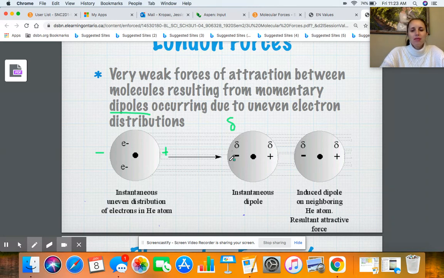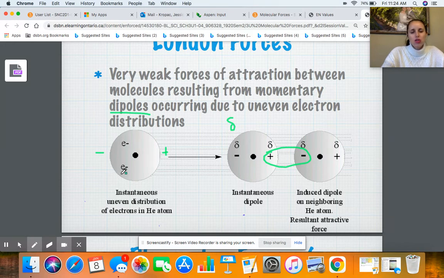Well, what happens if this molecule comes across another molecule that has that same dipole, negative and positive? This negative end and this positive end are going to attract. It's going to cause a bond. Now, how strong do we think this bond is going to be? Well, this bond is based on the fact that electrons instantaneously have an uneven distribution.